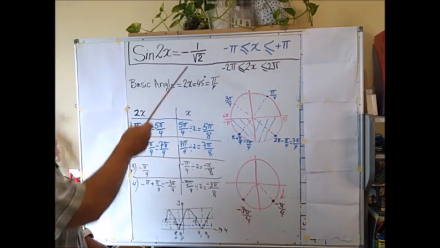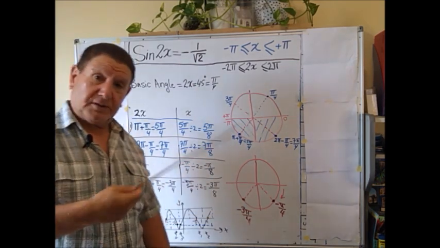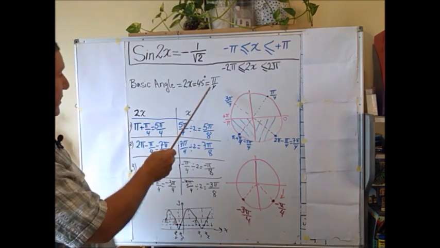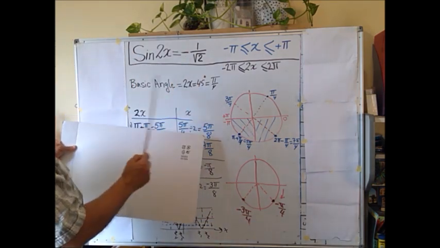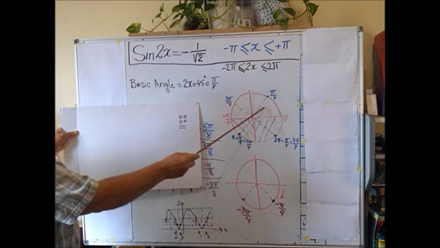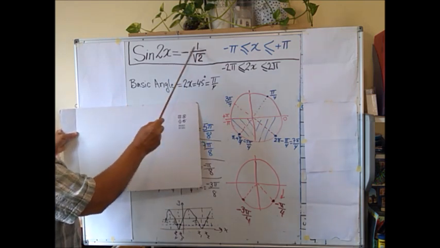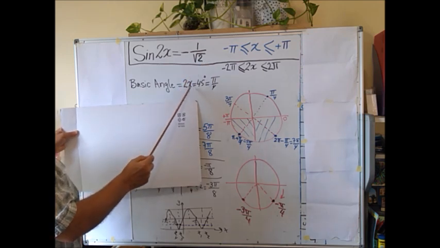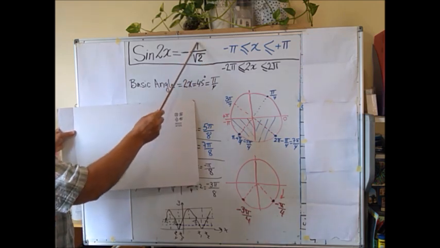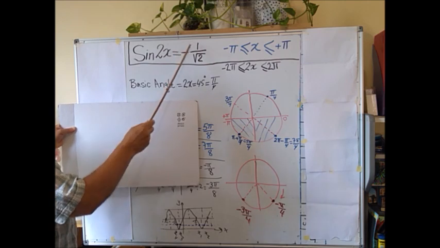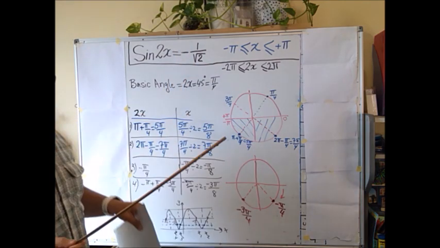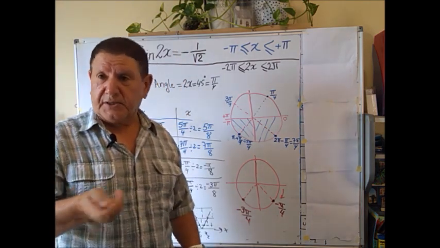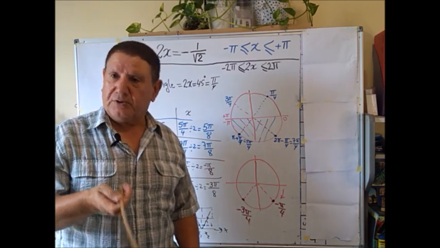So in solving equations like that, first we find the basic angle, or the first quadrant angle, that corresponds to plus 1 over root 2. And we should know which angle has a sine of 1 over root 2.